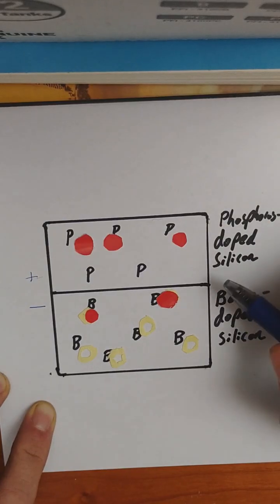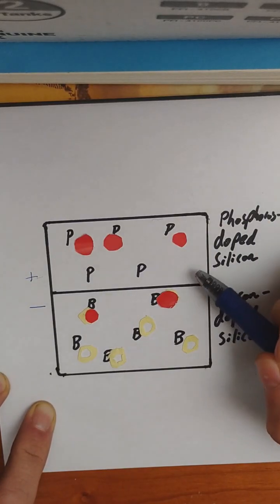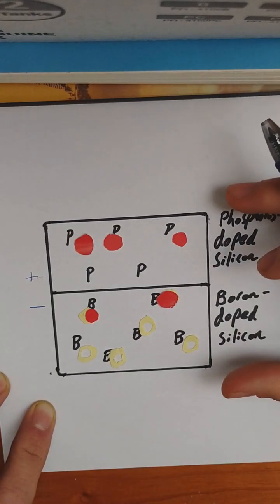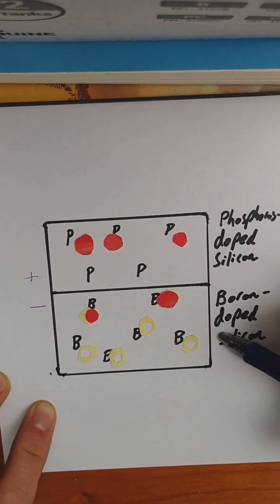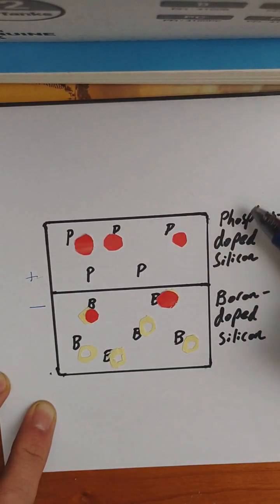So you reach an equilibrium, and now you've got this electric field that's formed in the middle. And that just happens because we put the phosphorus-doped silicon next to the boron-doped silicon. We haven't connected any wires yet. We haven't introduced sunlight yet. That's just a physical property of having these two pieces of this sandwich next to each other.